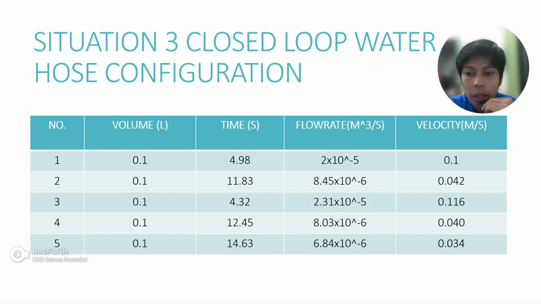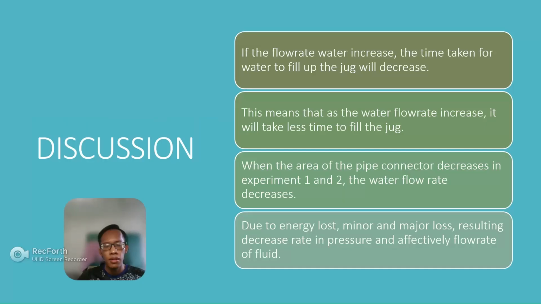And for the velocity, we also use the same formula as straight line water hose, which is V equals 4Q divided by pi d square, where Q is the flow rate and D is 16 millimeter, but must be converted to meter.